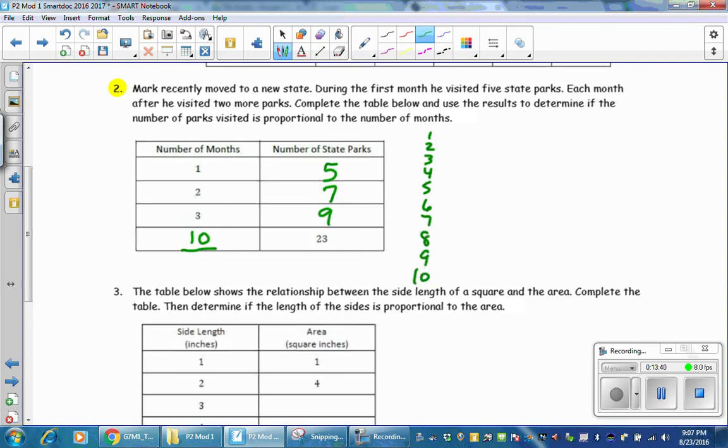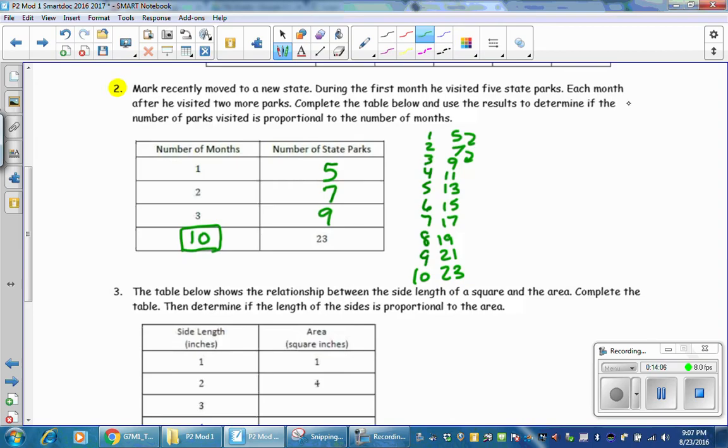And following the pattern of 5, 7, 9, and notice that it's increasing by 2 each time. So this is a nice pattern that we can continue. 11, 13, 15, 17, 19, 21, and 23. So the answer is 10 months.